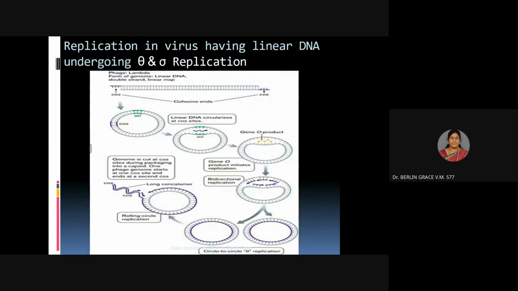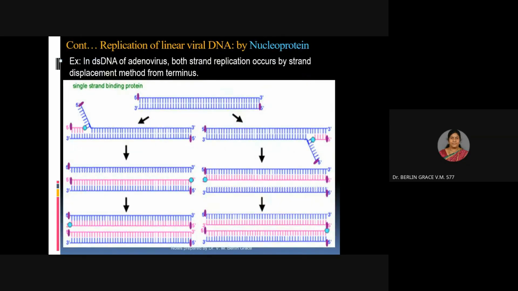In virus examples, if you look at the linear DNA, it circularizes and forms the ori region, and this ori region will then help the synthesis by sigma mode of replication or theta mode of replication. In some viruses, a protein will bind, and that will facilitate the displacement of one strand, and thereby the other strand will be synthesized.